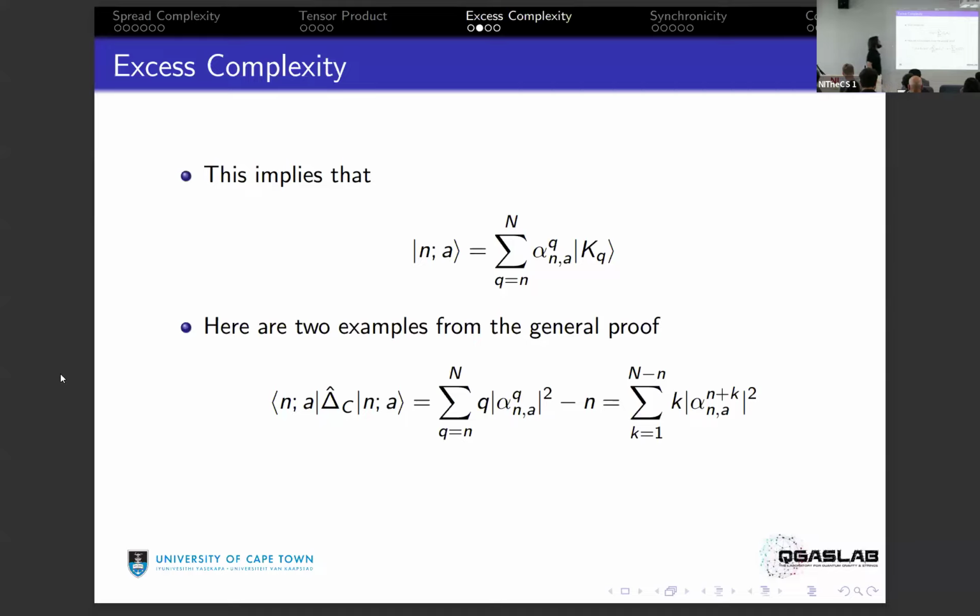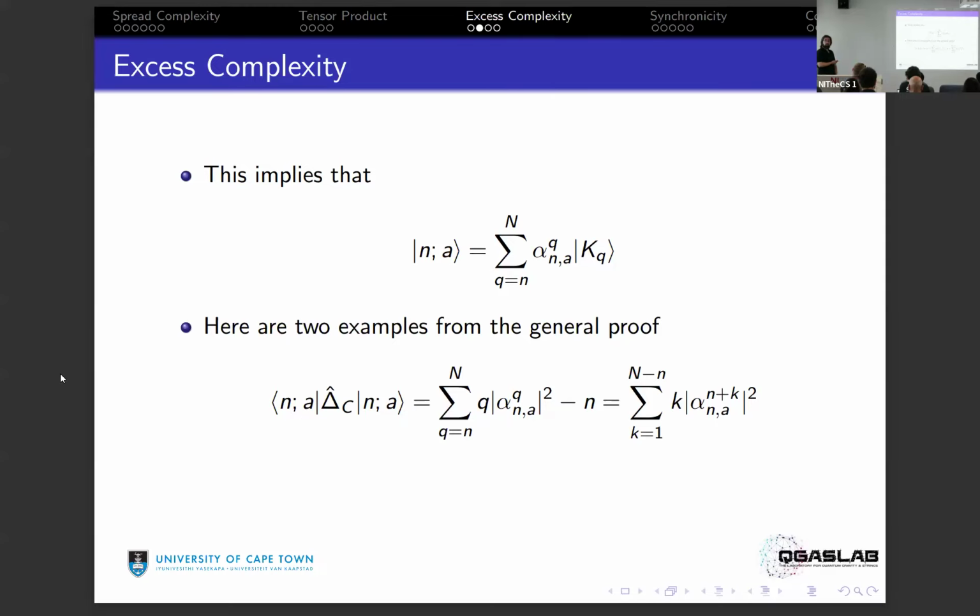This I get from the expansion in terms of the Krylov basis. So the Krylov basis are the eigenfunctions of the combined Hamiltonian, and I get a sum from N up to big N, the Krylov space dimension for the combined system, and these coefficients. And you can reorganize that sum to be a sum of positive differences. Essentially, all the differences from K equal to 1, so everything that's larger than, or Q larger than some, positive terms. So this is positive.